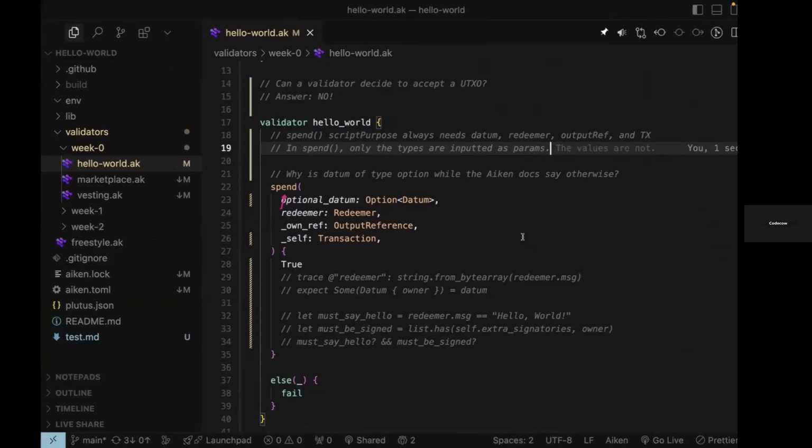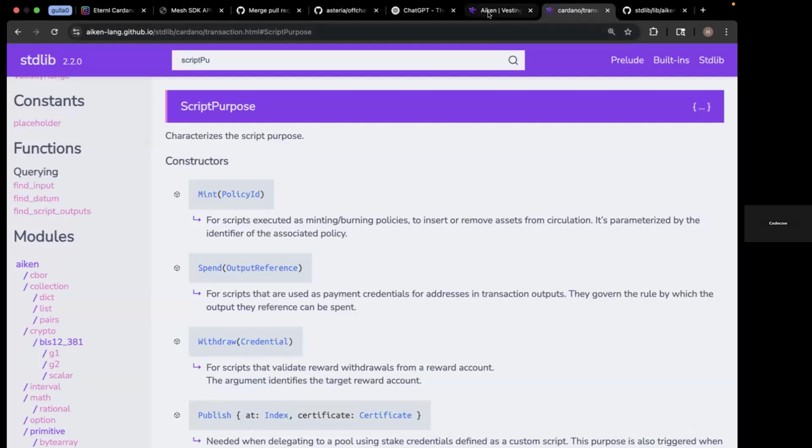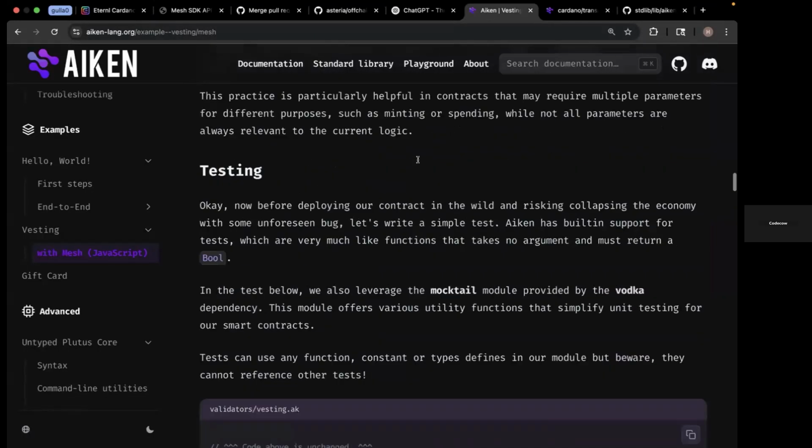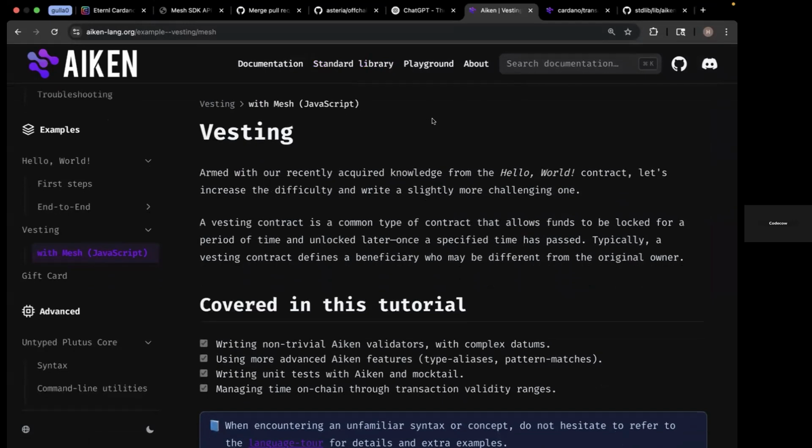Go to aiken-lang.org. One second. Language tour, validators. The main Aiken website. This guy, you're right there. And then on the left bar, go to language tour. Scroll up.